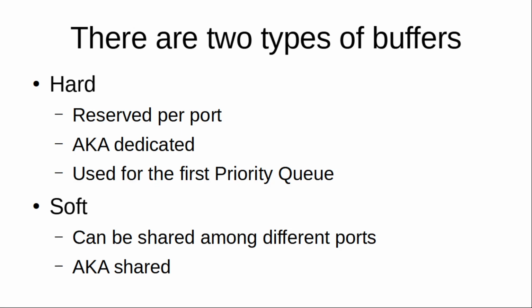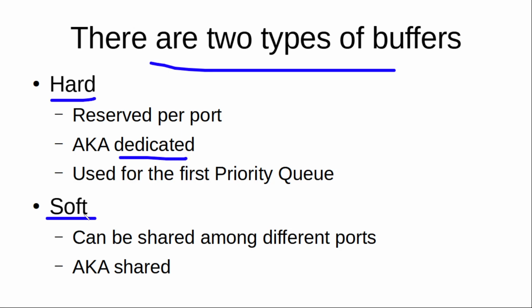That is where things start to get a little bit more complex. There are 2 types of buffers: hard buffers and soft buffers. The hard buffers are also known as dedicated, and the soft buffers are also known as shared. So the hard buffers are reserved by port.